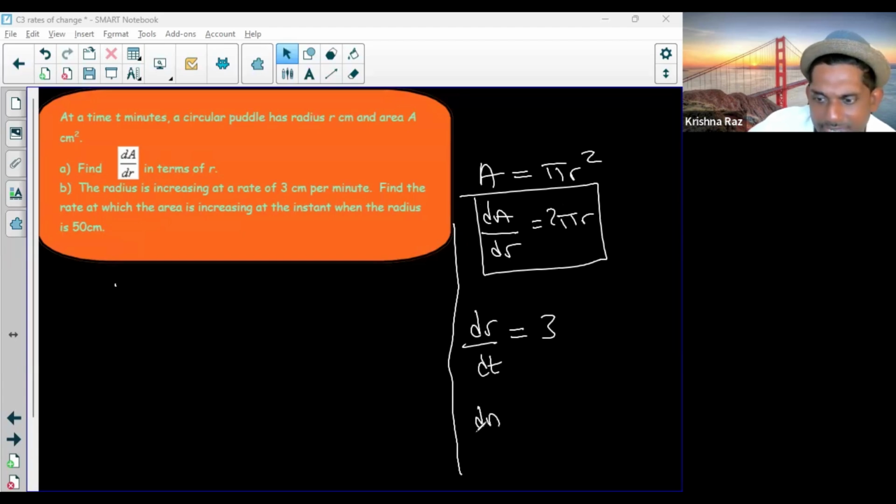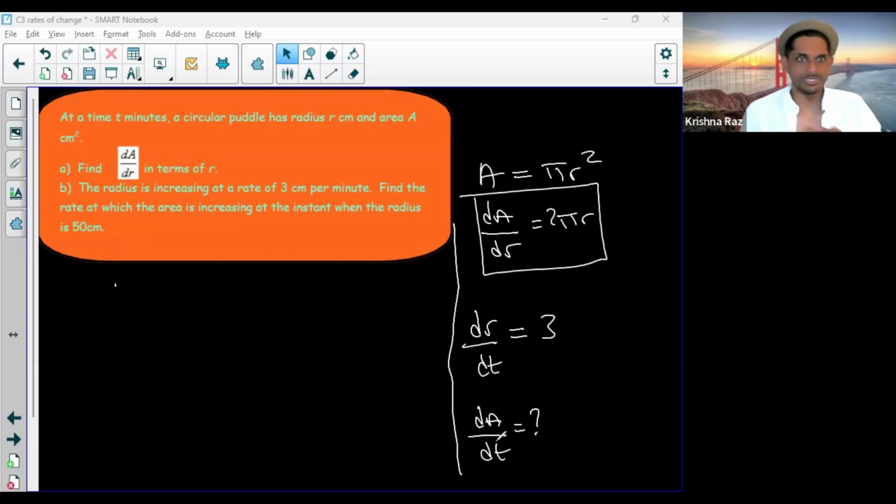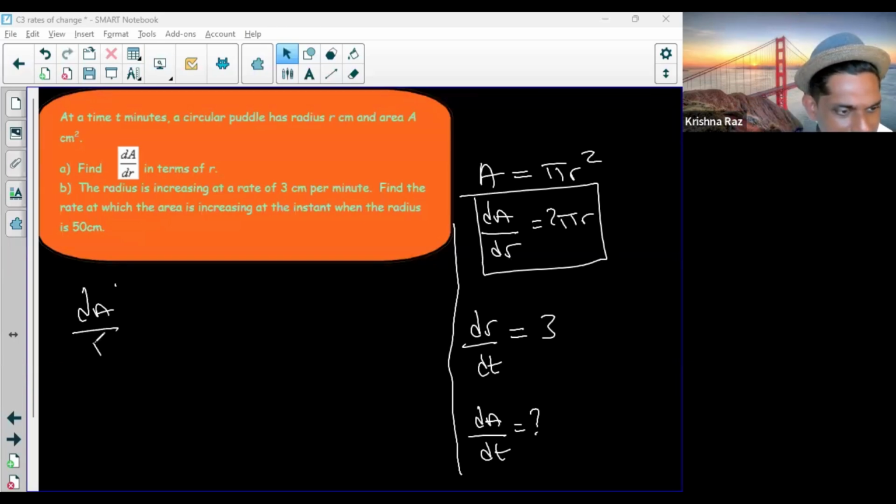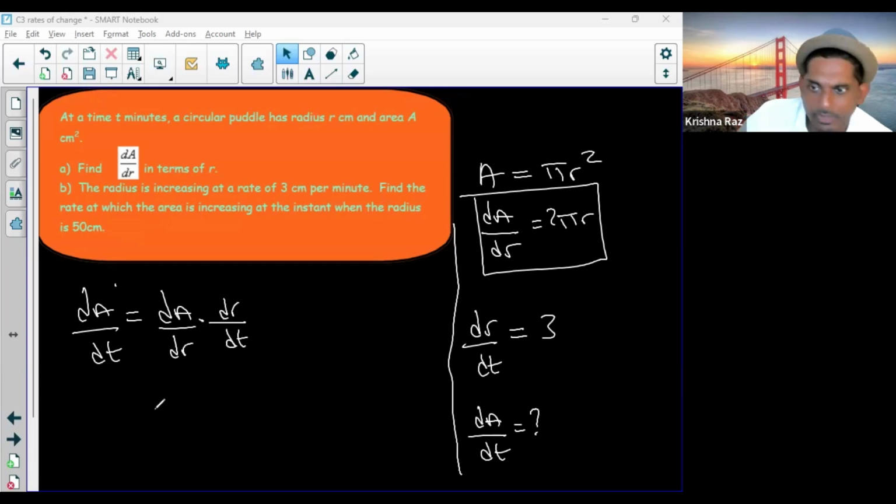Find the rate at which the area is increasing when r is 50. So we want to find dA by dt. The rate at which the area is increasing means area with respect to t differentiated, because it's the rate of change. So dA by dt, I'm going to write the A there, the t here, and then the third letter in the gaps, which we know is r. I know dr by dt is 3 from the work we've done on the side, and dA by dr is 2 pi r.